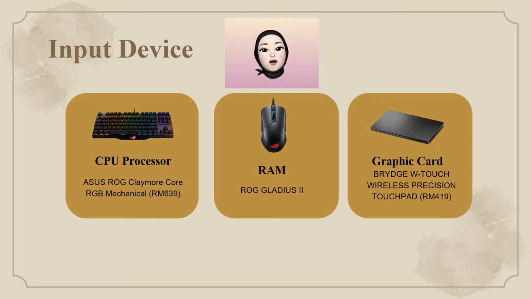And for the mouse, we choose the ROG Gladius 2. We recommend this mouse because the design and the performance are really cool. And the last input device is the touchpad, and the specific name of this touchpad is the Bridge W Touch Wireless Precision Touchpad, and the price is 419 ringgit. And we prefer the touchpad because of its subject to usage.